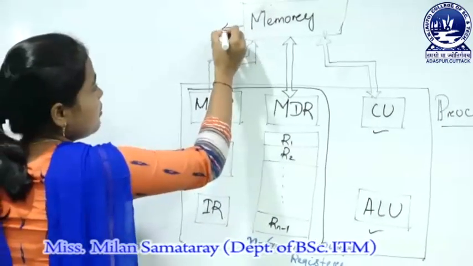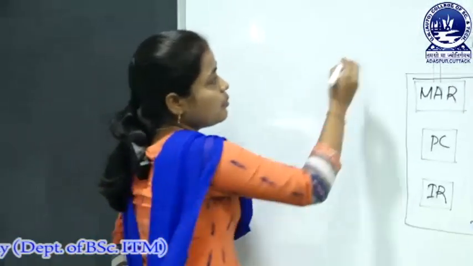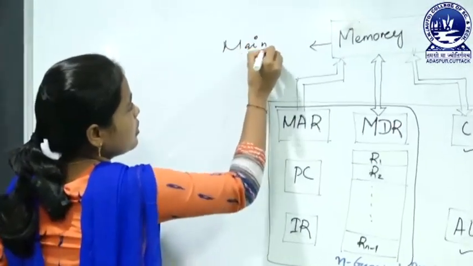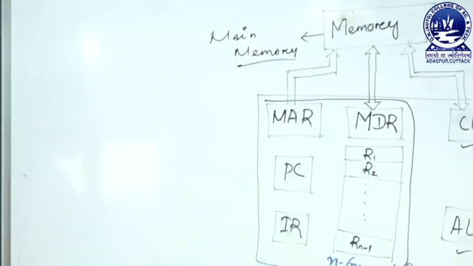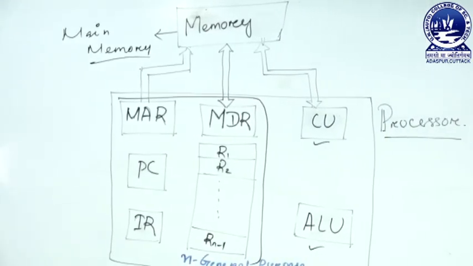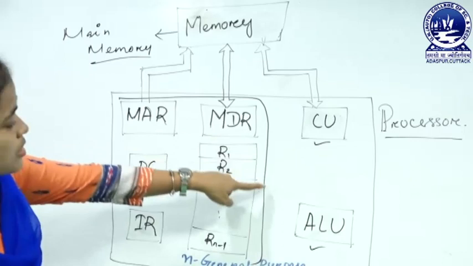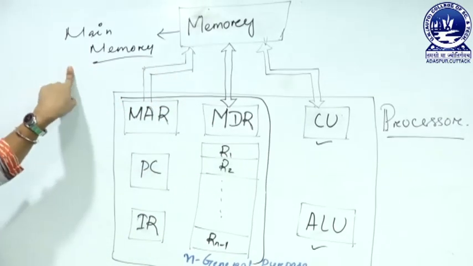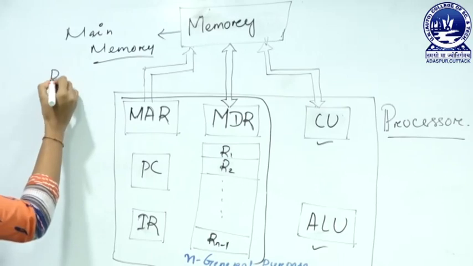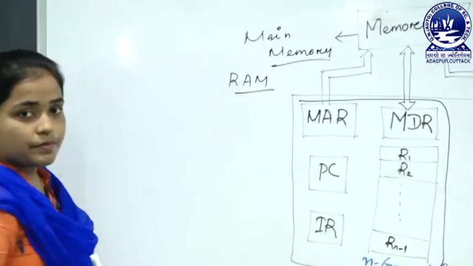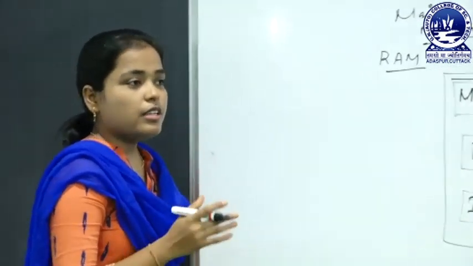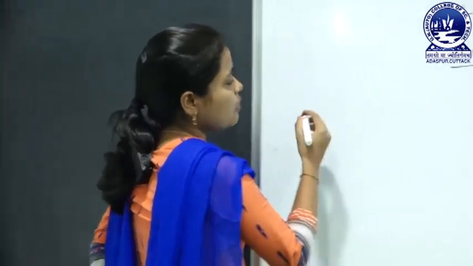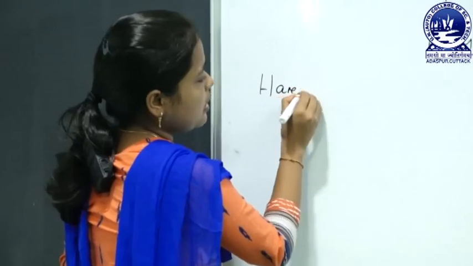And when I am talking about memory, that memory is our main memory. As I have discussed, there are two types of memory, one is primary and another one is secondary memory. So the processor communicates with the main memory or primary memory, basically our RAM. When we transfer a program or give some input to a computer system, let us say the program is in the hard disk.